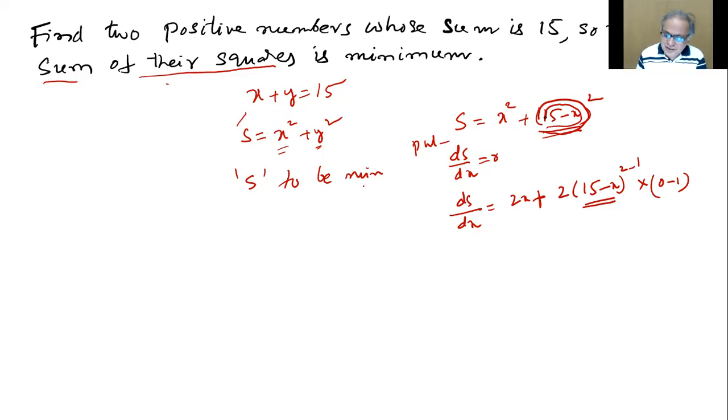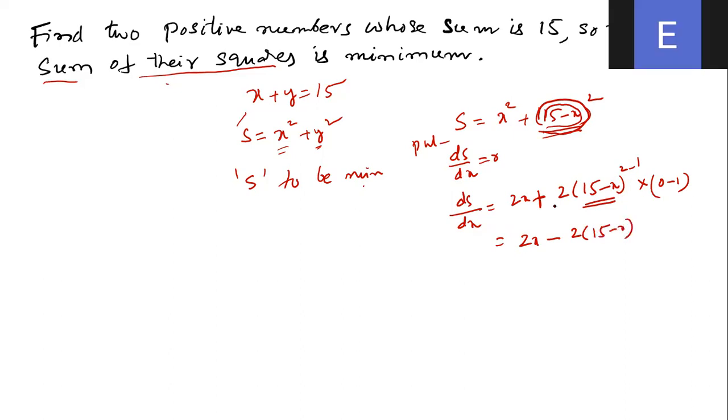Suhita? Got it, sir. So how much is this? 2x minus 2 into (15 minus x). Am I correct? This minus sign. So make it 0. 15 minus x.